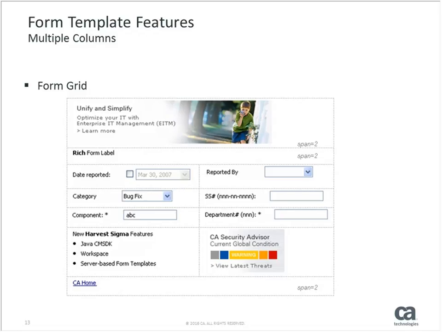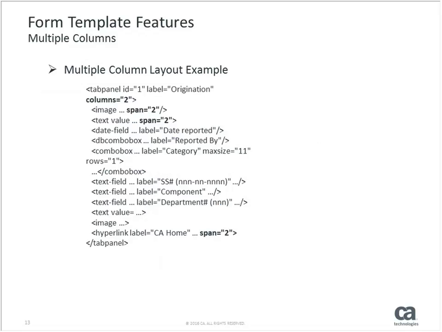So this displays the example. If you consider the display as a single tab panel, we are dividing the columns as 2. For the image we say to occupy 2 span, so that it occupies the entire row, similar to other fields. Also, if you see the bottom one for hyperlink, we have made it 2, so that it occupies the entire row.